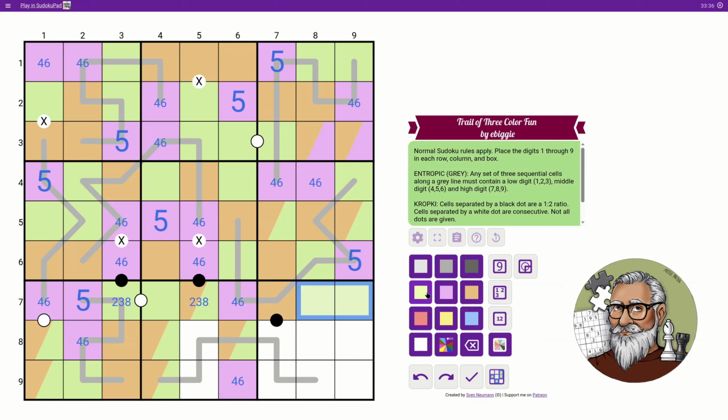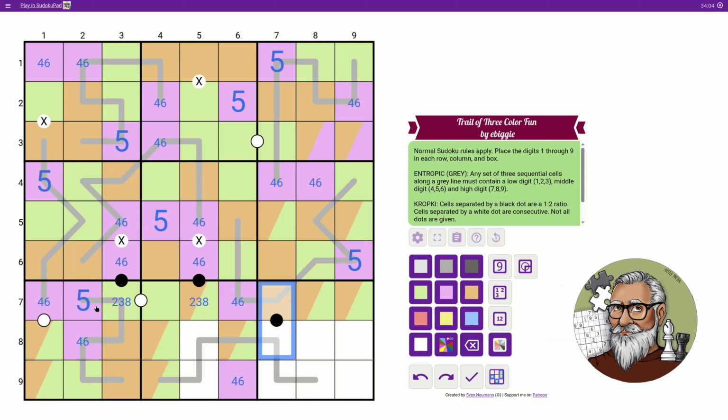There's no pink here anymore. Does this have to be pink? No, it could be orange as well, right? And then we would have 1, 2 here. Yeah, that's one way of resolving it.